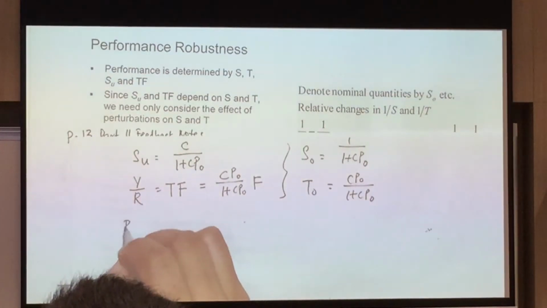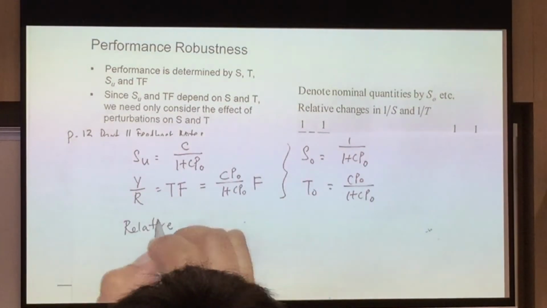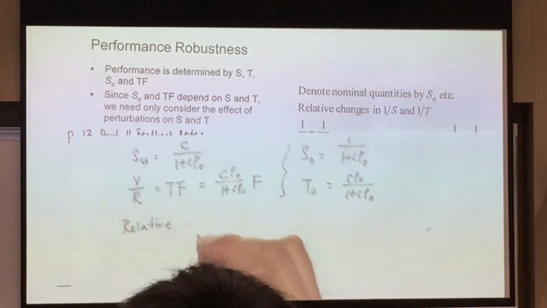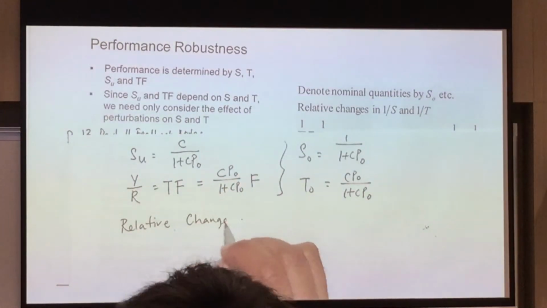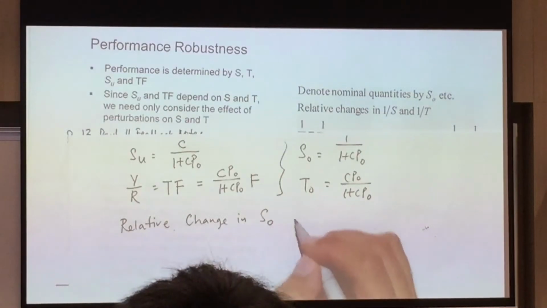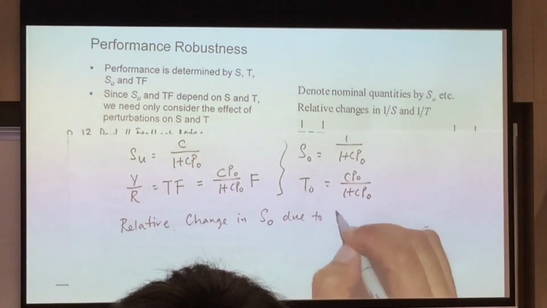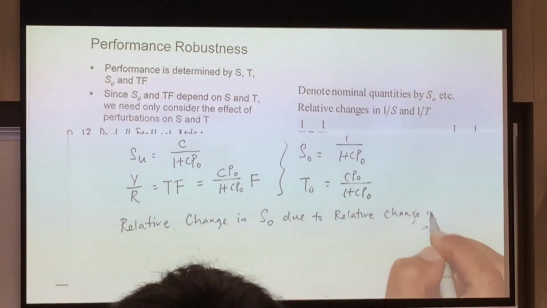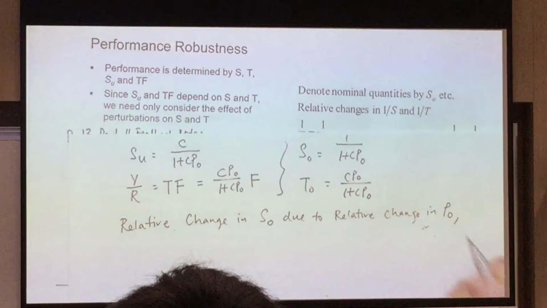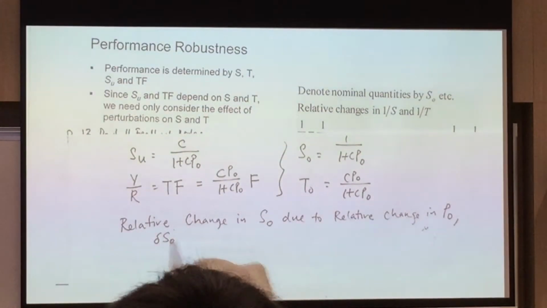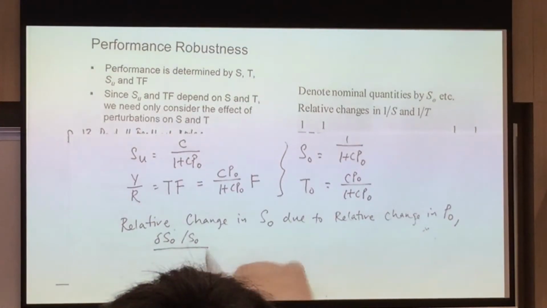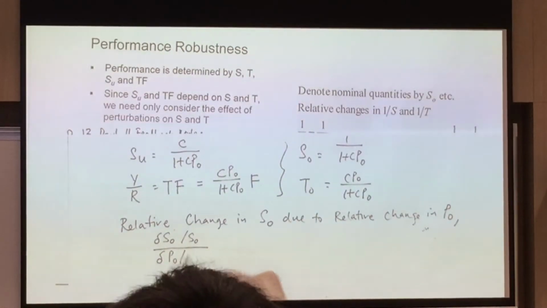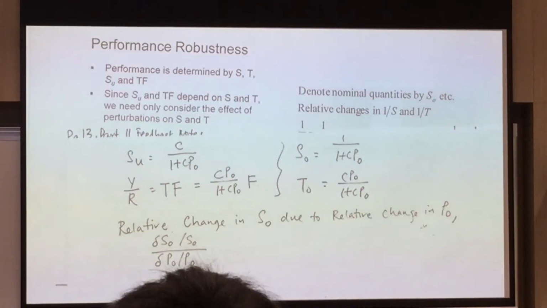You say the relative change in S naught over the relative change in P naught is delta S naught over S naught divided by delta P naught over P naught.